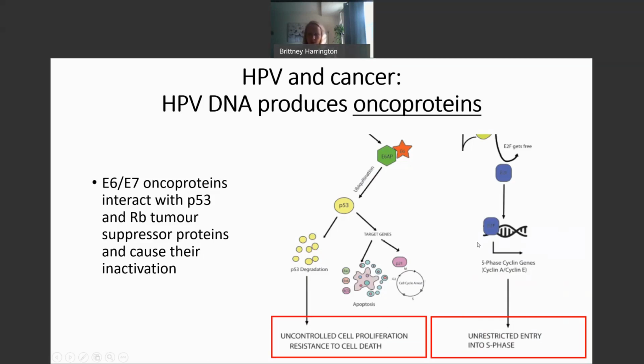This would be stopped, and P53 regulates the cell cycle also, so you get uncontrolled proliferation, resistance to cell death, lots of replication. So the E6 and E7 oncoproteins really have a huge influence over the host epithelial cells.